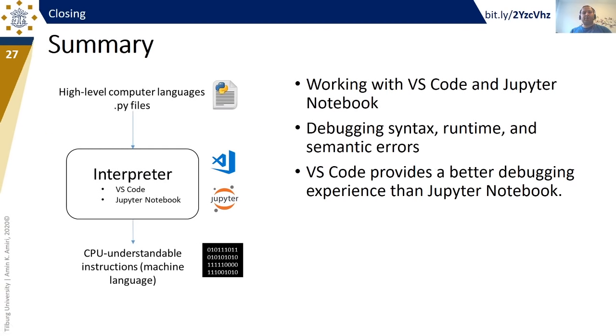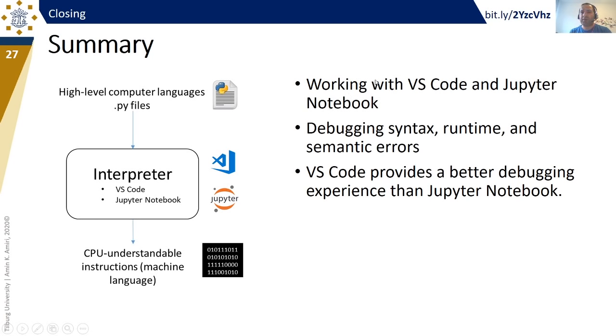So to give you a summary of this video, we learned that Python is a high-level computer language, and we need an interpreter to turn it into CPU-understandable instructions. This is done by interpreters built into either VS Code or Jupyter Notebook.